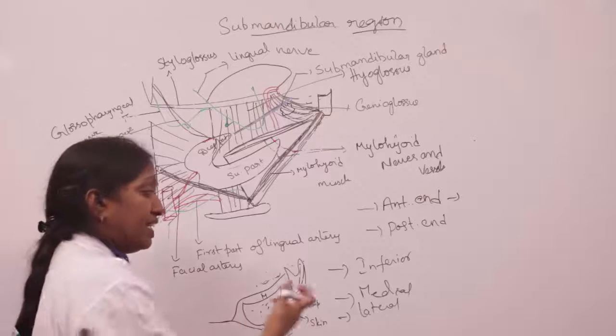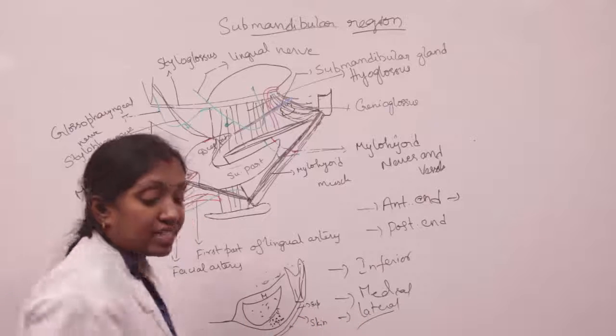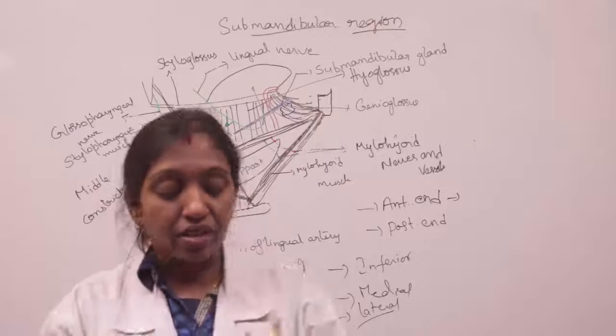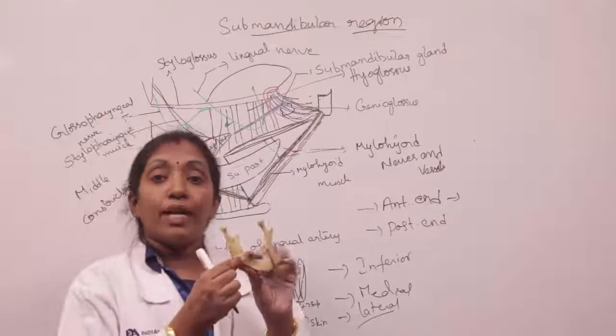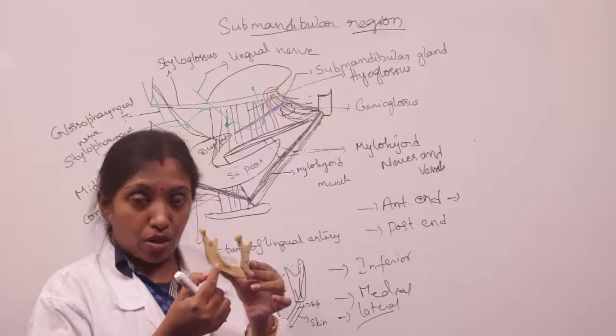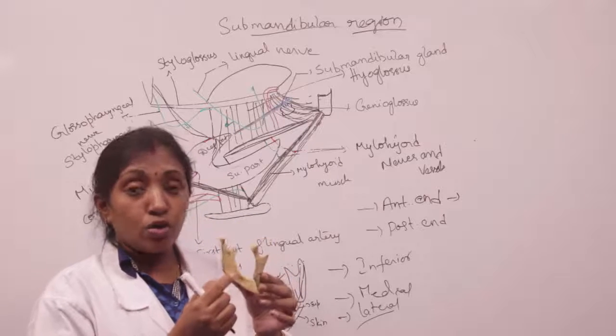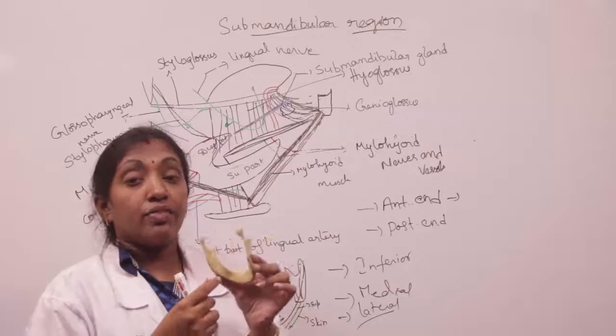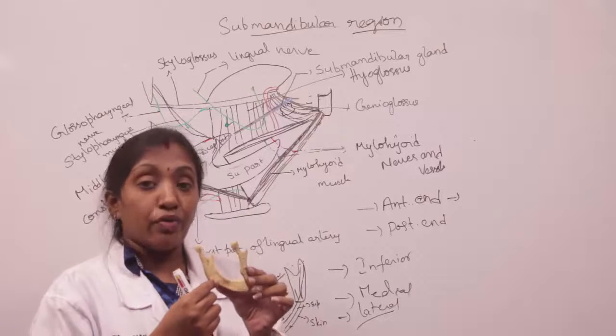And coming to the lateral surface. The lateral surface is related to bone, the submandibular fossa of the mandible. And also it is related to the cervical part of the facial artery.